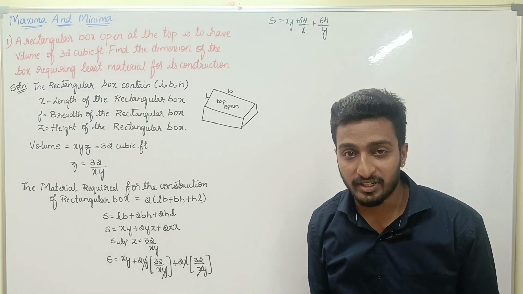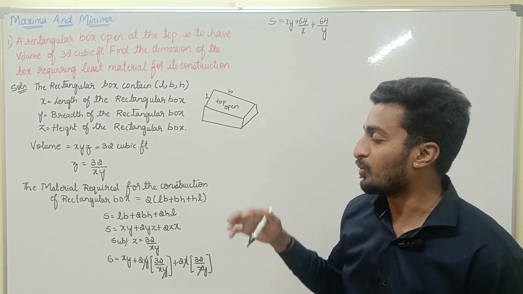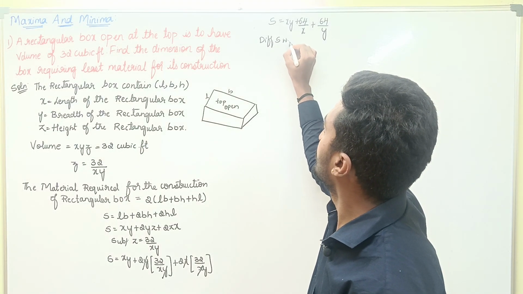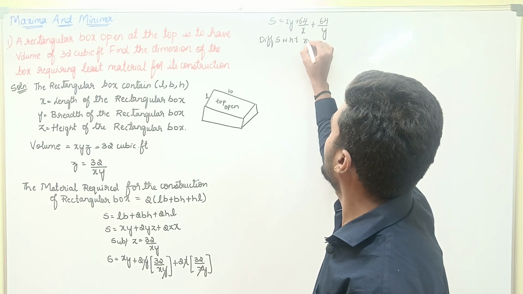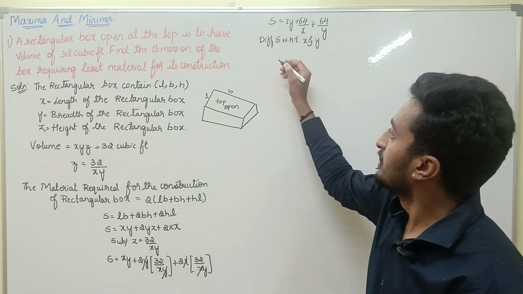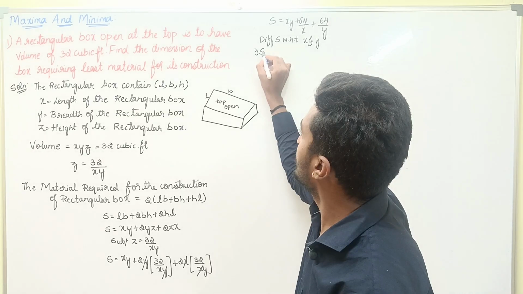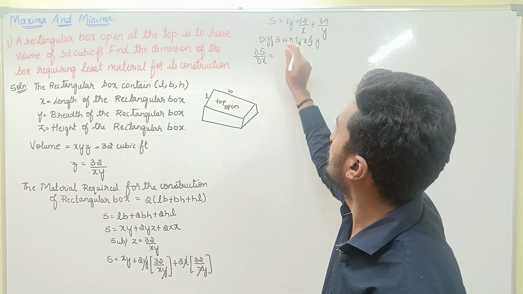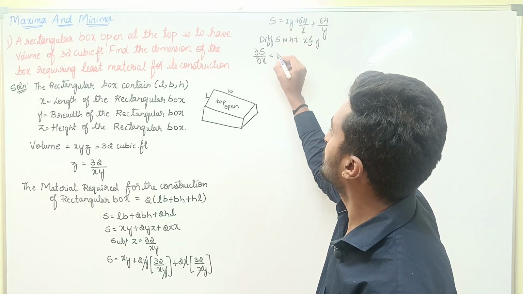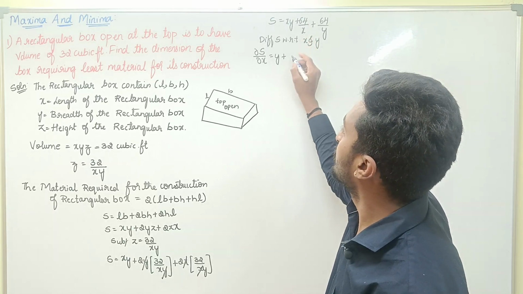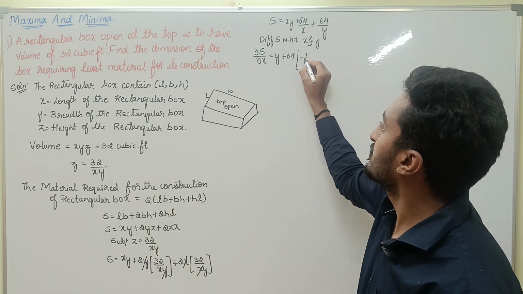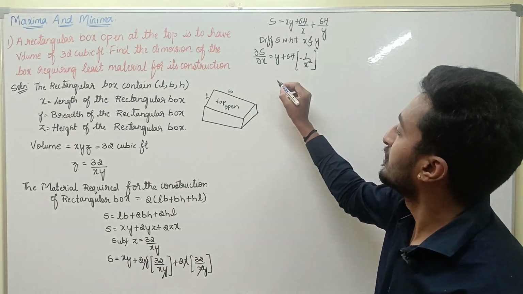Now I need to differentiate S with respect to x and y. Let us differentiate: dou s by dou x is equal to the differentiation of x, where y will be constant, which is 1 into y, plus 64 remains constant, the differentiation of 1 by x is minus 1 by x square.